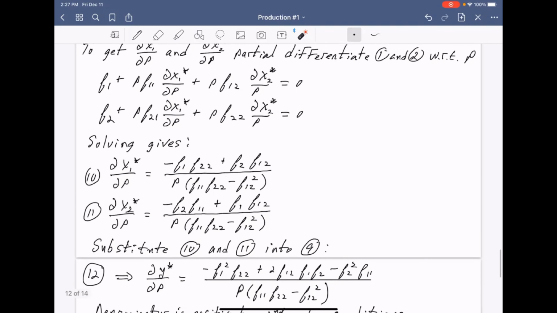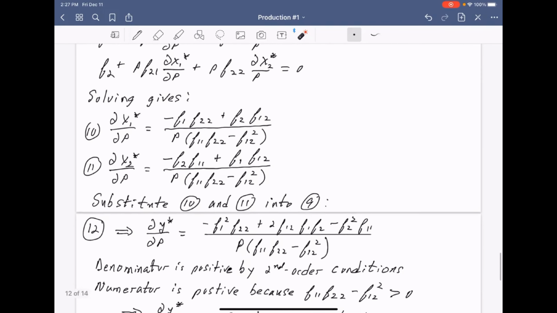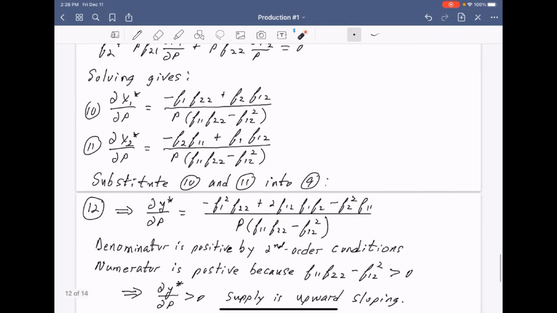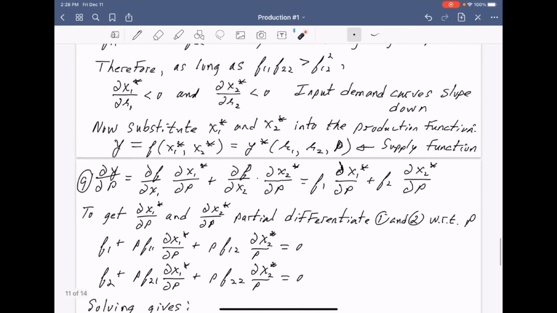We substitute 10 and 11 into 9, and we find that the partial of the supply function with respect to the price of the good is given by this formula here. The denominator is positive by second order conditions, so this is a positive number. Remember what we said about concave functions.